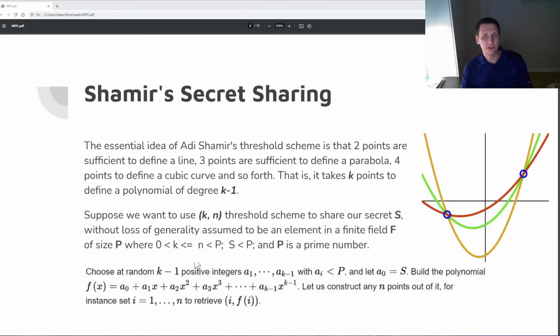Now that we saw a real-life example of MPC, and how the shares are created and distributed to each participant, we're going to look at the real secret sauce behind it, which is Shamir's secret sharing algorithm. It is a cryptographic algorithm used to break down a value into secret shares which are distributed among the participants. There is also an included secret, and that secret can only be unlocked if the minimum number of outputs is known.